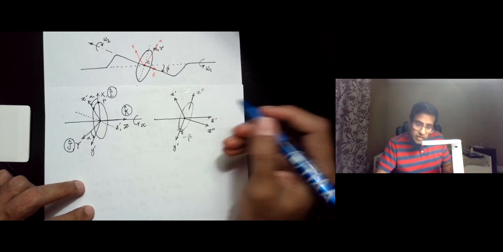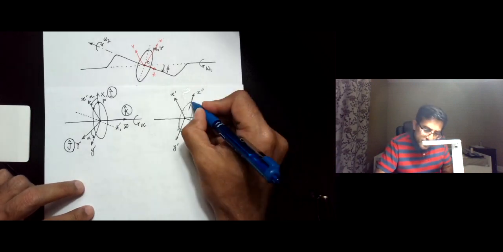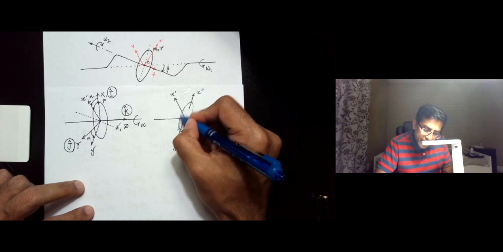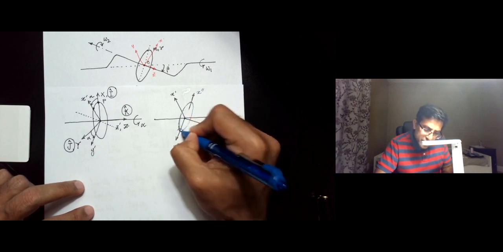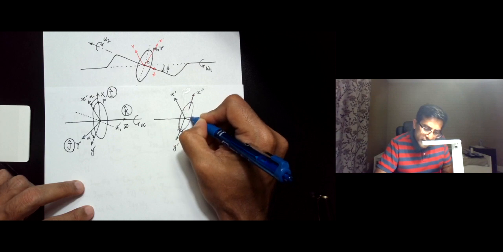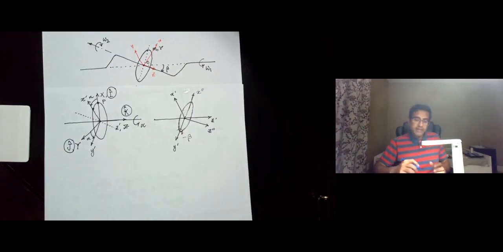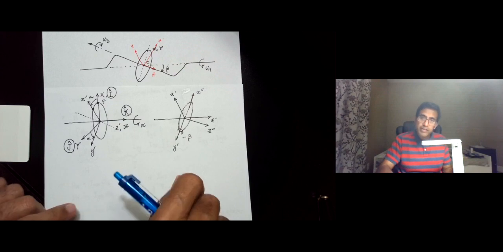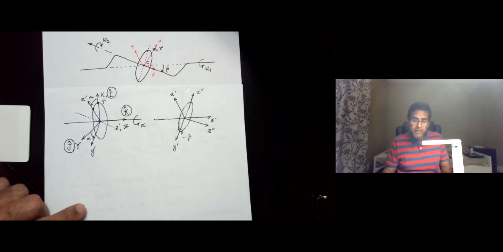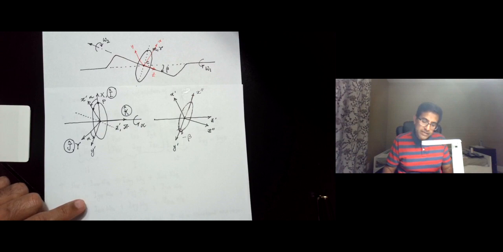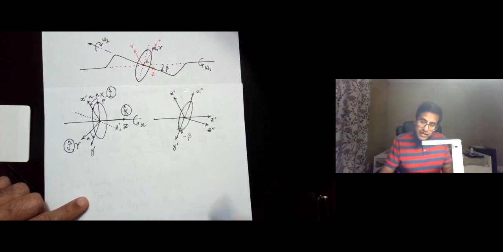Just trying to get the diagram to be in a decent shape. So now let's say that the disk is like this. You see, it is a little bit tilted because you have turned about the y prime axis.